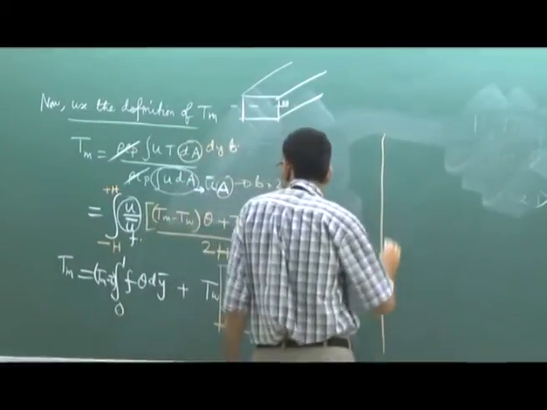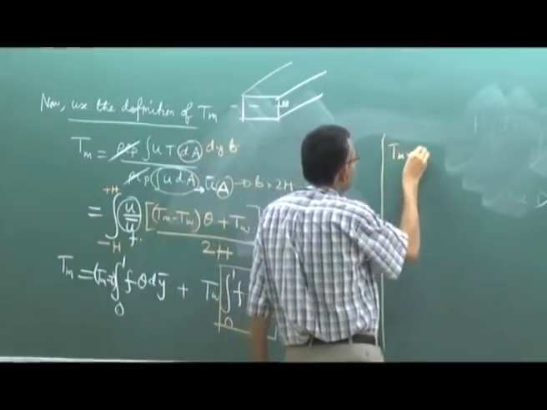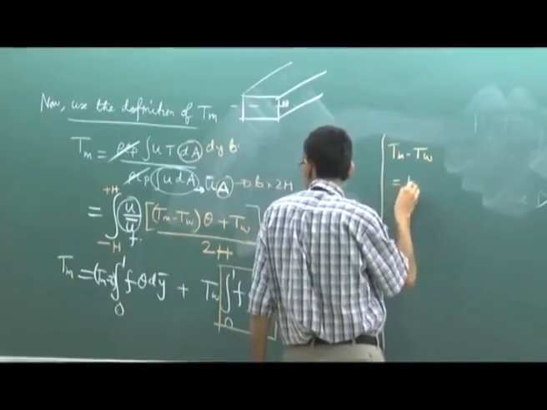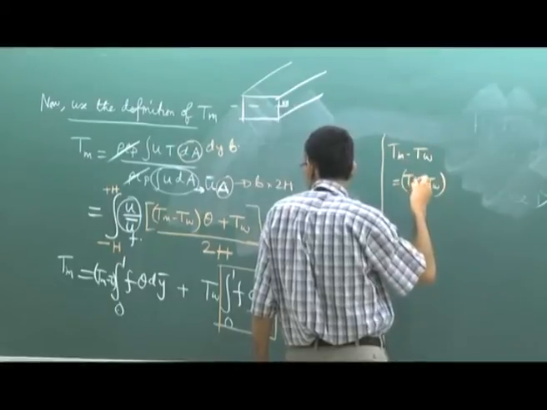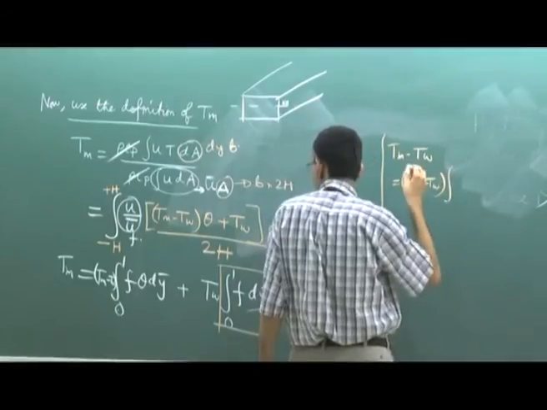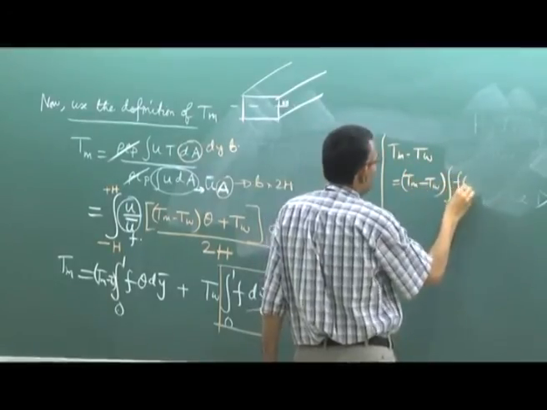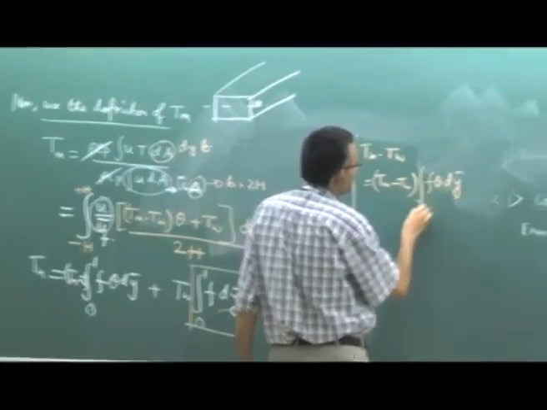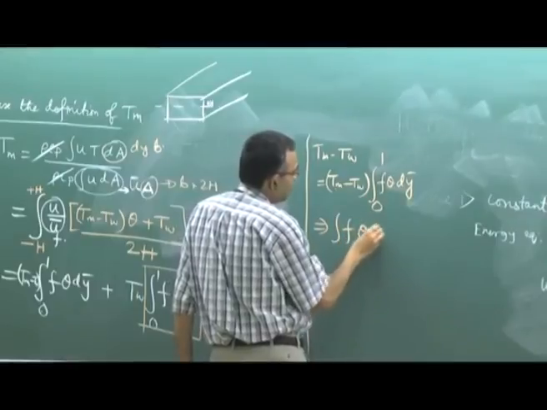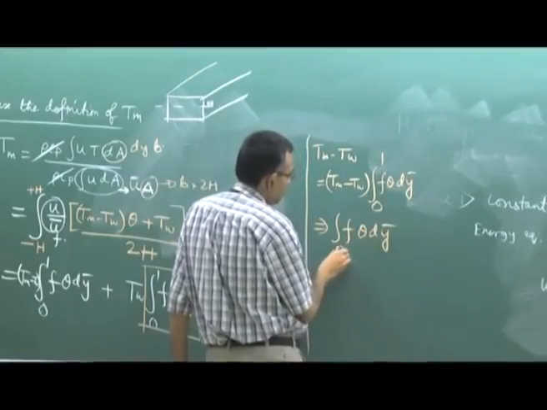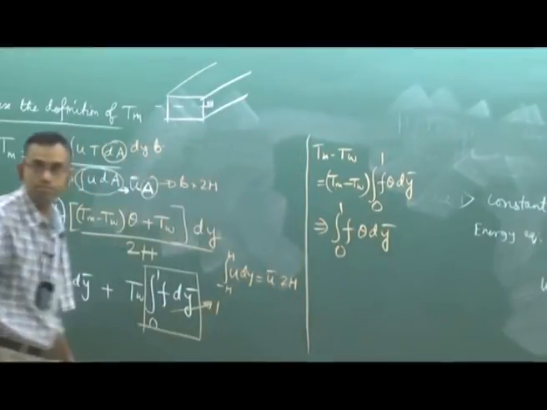So we can say that Tm minus Twall is equal to Tm minus Twall into the integral of f theta dy. That means the integral of f theta dy is equal to 1.